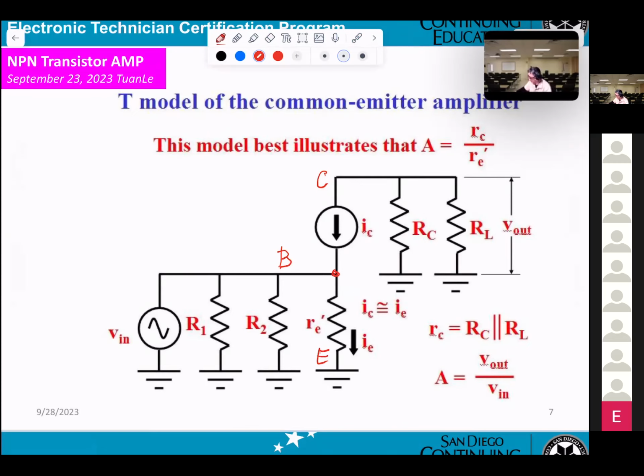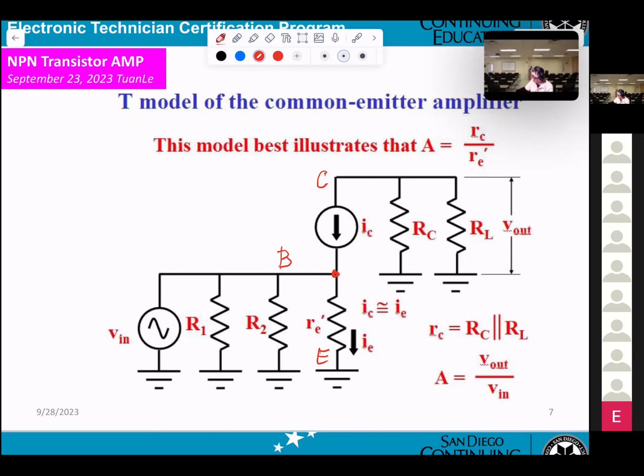Okay? Now, remember, from the base to the emitter, before you had a diode, but for AC it is no longer a diode. It is substituted by a resistor, r'e equals 25 millivolts divided by IE.